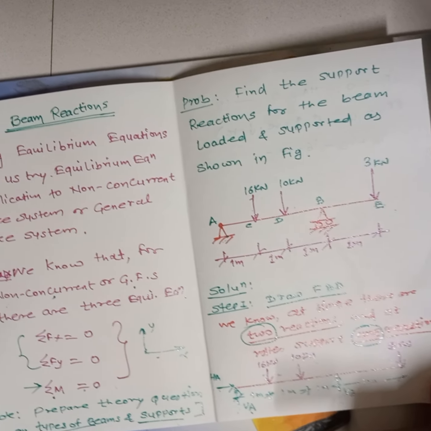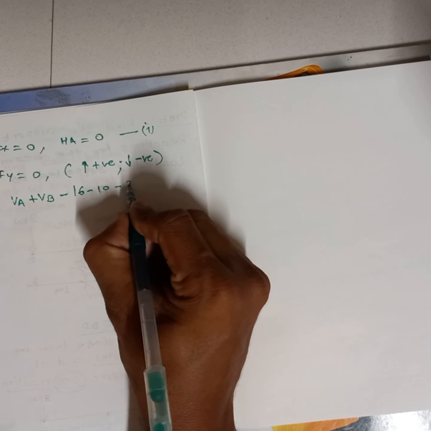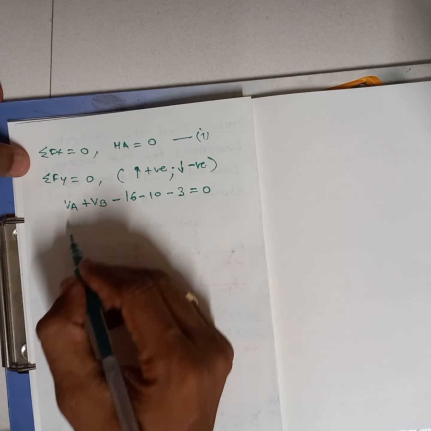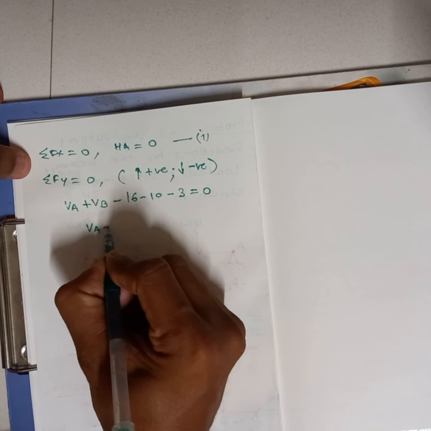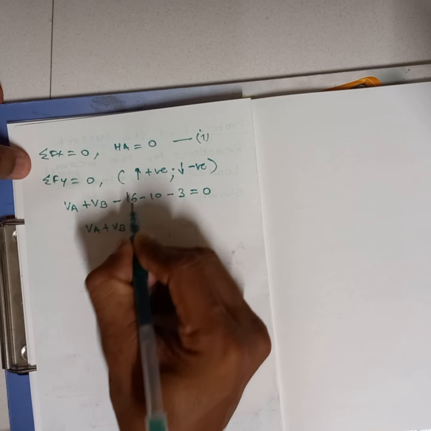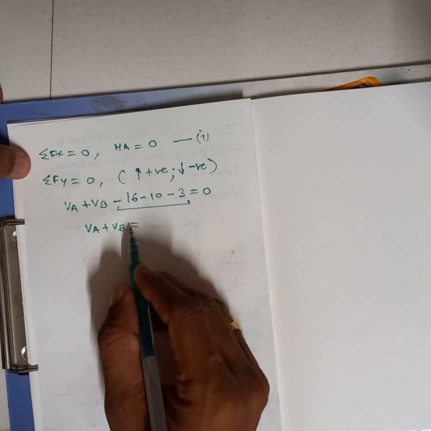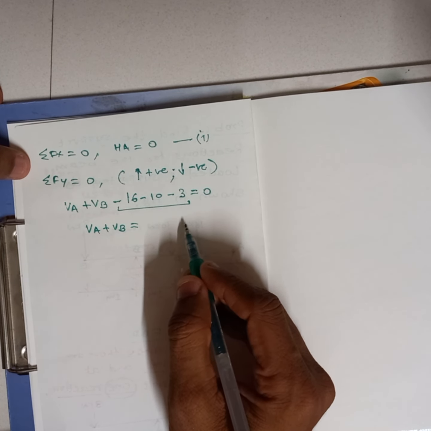So this is 3 kilonewton, so I am writing here, and that is equals to 0. So what I will get, VA plus VB, these all numerals value I am going to take on the left hand side.